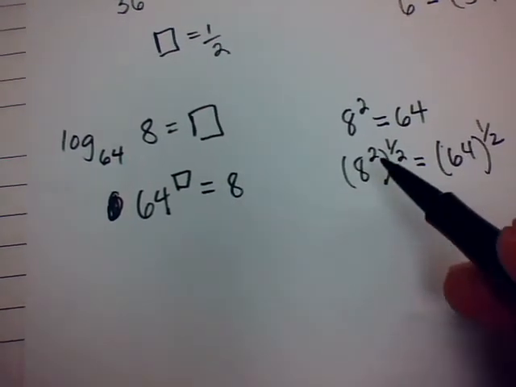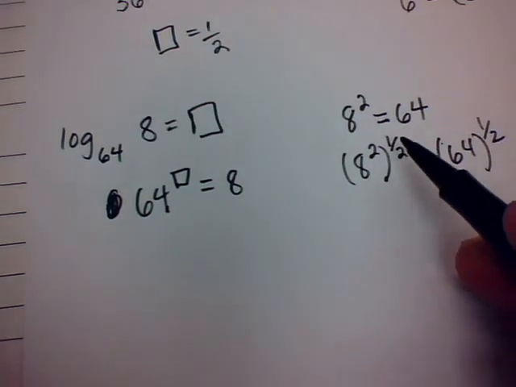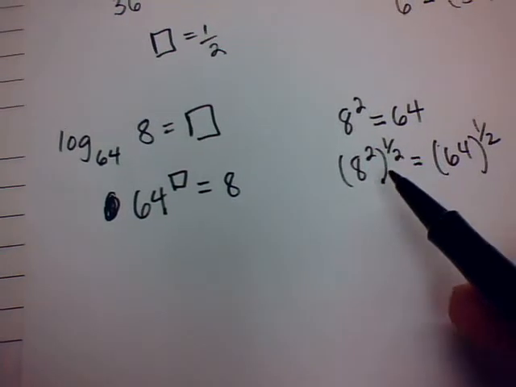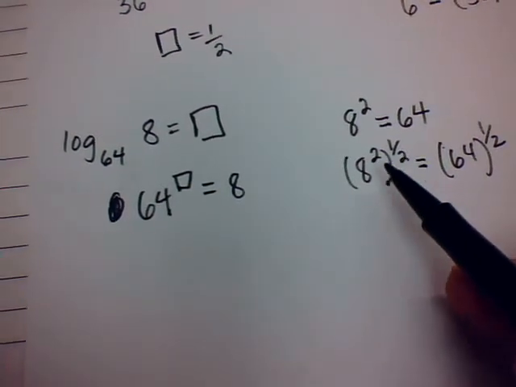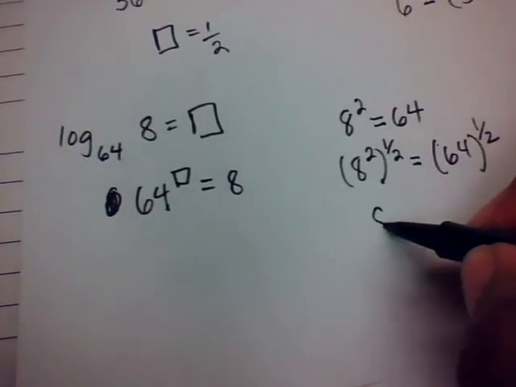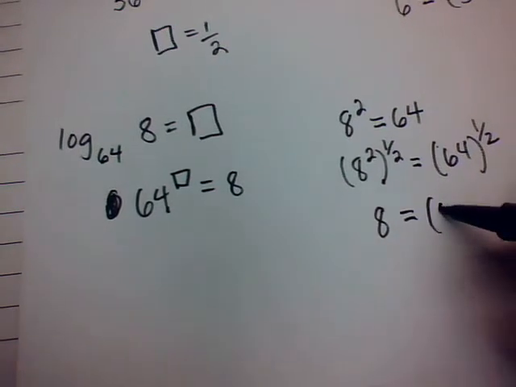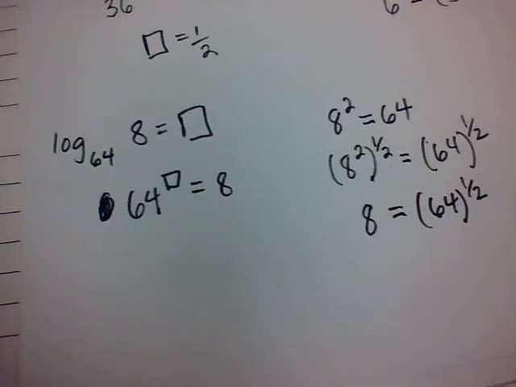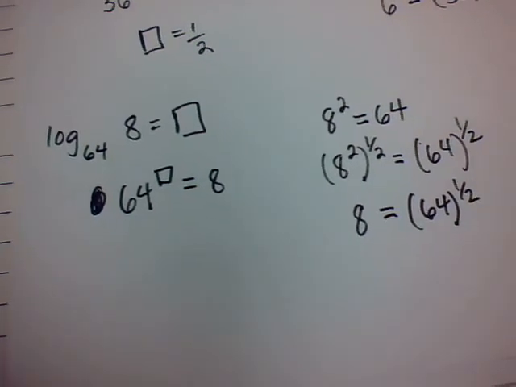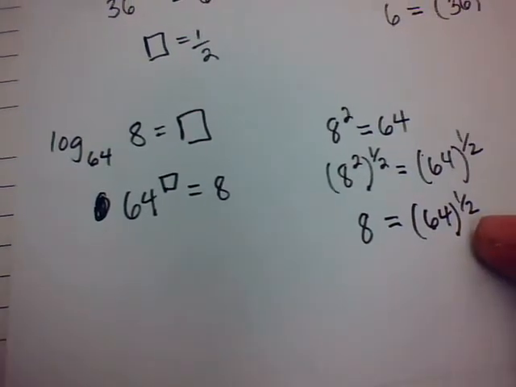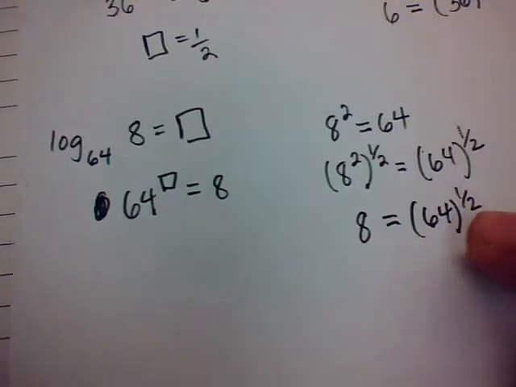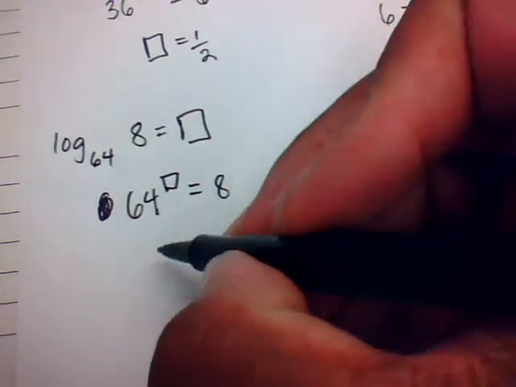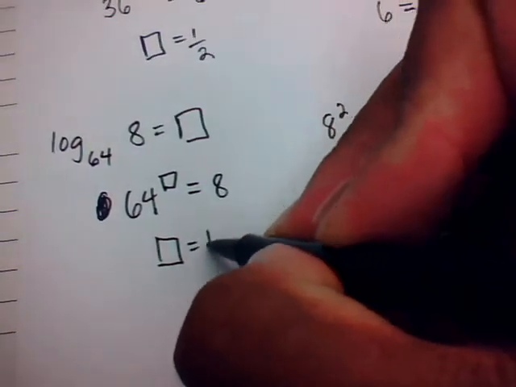Now, 8 to the 2 raised to the 1/2, since we raise a power to a power, we multiply the exponents, so 2 times 1/2 will be 1, so this will be just 8. Then bring down equals 64 to the 1/2. Okay, so in this case, my missing exponent will be 1/2, which means 8 is equal to 64 to the 1/2, so the missing exponent for 64 would be 1/2.